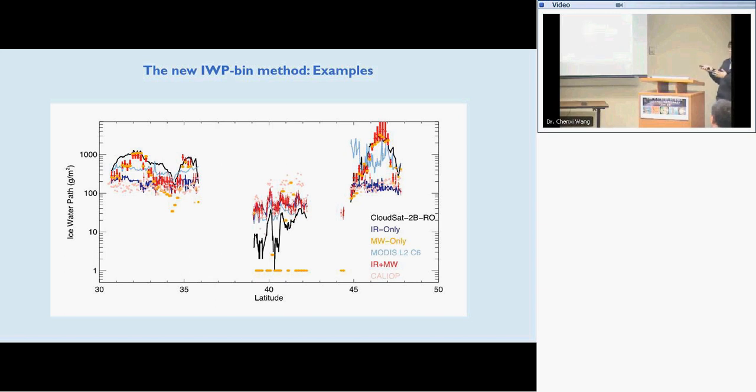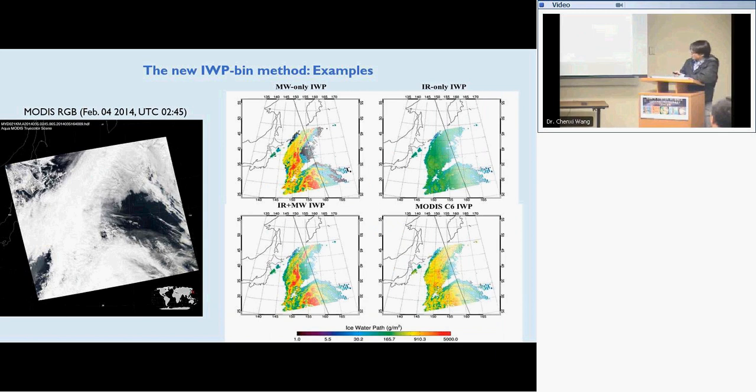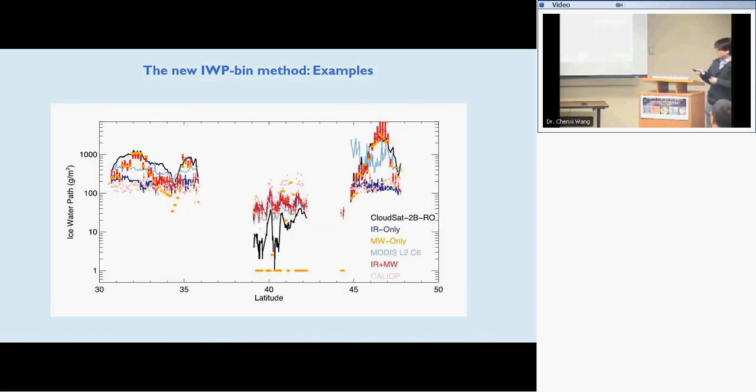And the next is a comparison with the CloudSat and CALIPSO check. So you can see that here along the CloudSat track we have different retrievals. The red one with uncertainty error bars is the combined retrieval, the dark black line shows the CloudSat standard product, the dark blue one is infrared only, the light blue one is the MODIS standard product, and the yellow one is the microwave only.